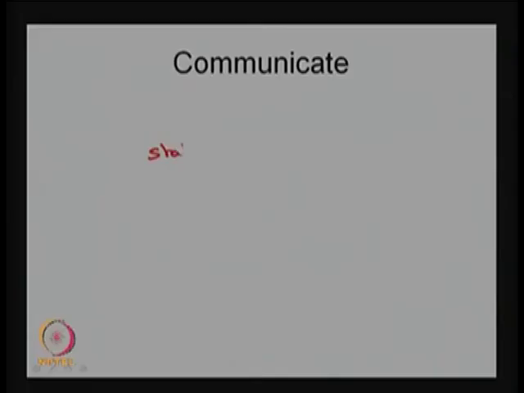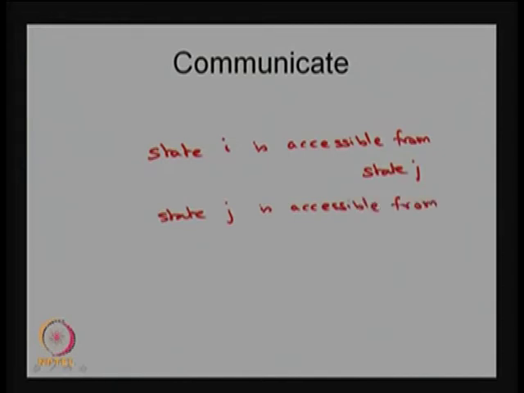Now I am going to give the next concept called communicate using the accessible. Two states are said to communicate. That means the state i is accessible from the state j as well as the state j is accessible from state i.